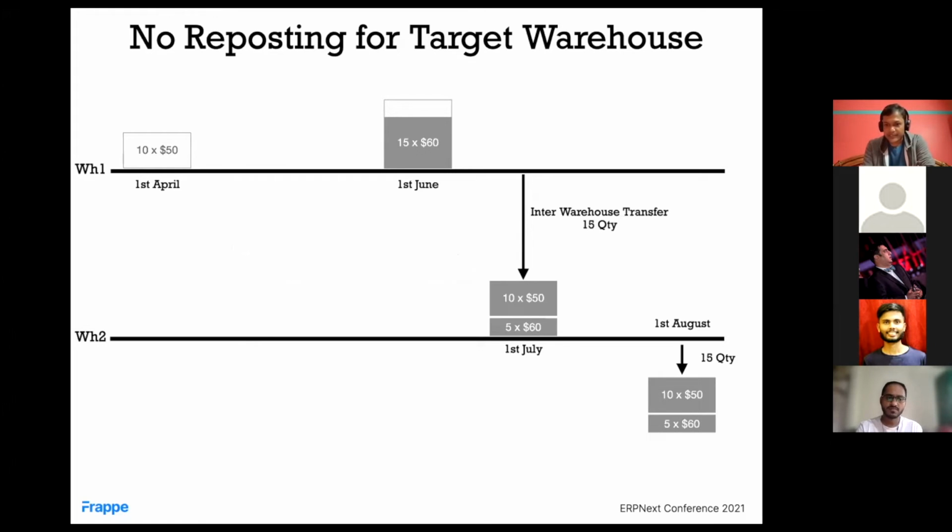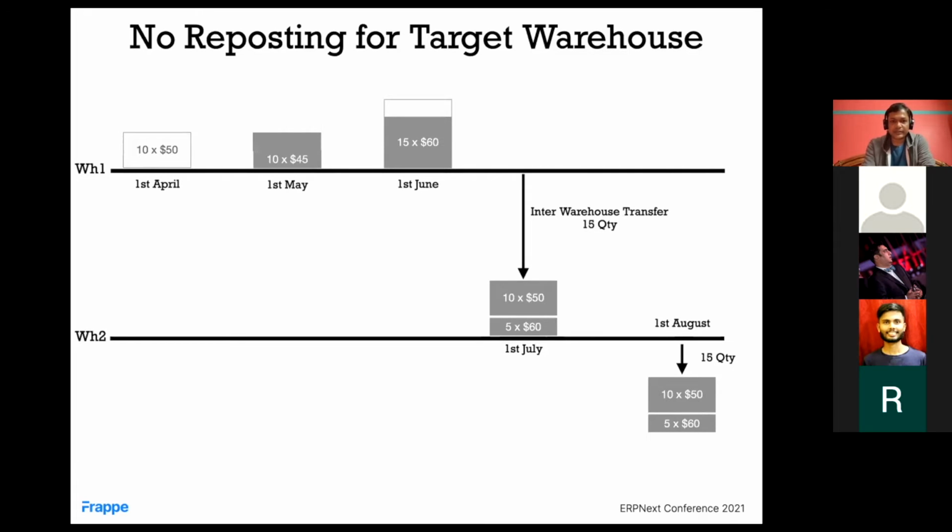The only difference here is that instead of delivering the 15 quantity from warehouse 1, there is an inter-warehouse transfer to warehouse 2, and then we deliver the item to the end customer from warehouse 2.